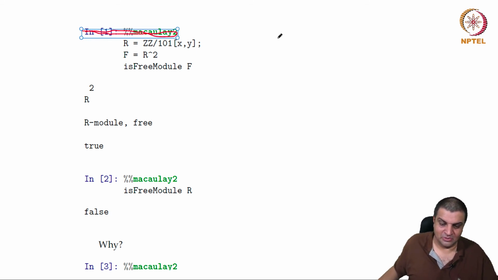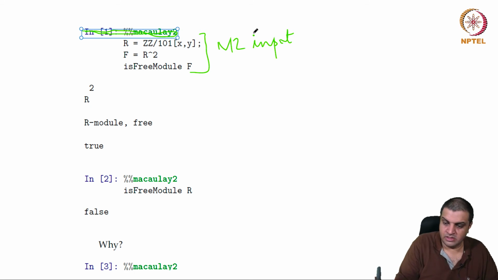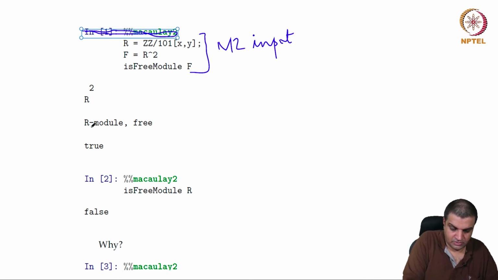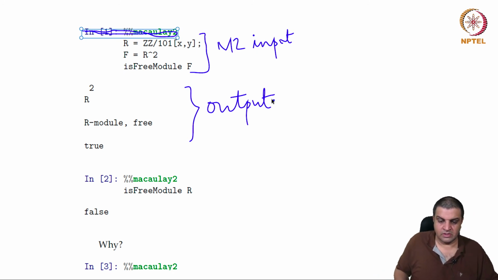The part offset from the left is the Macaulay2 input, and what is in typewriter font is the output. Similarly, this is the input. That's just some comment line at the top. Ignore that. So let's see, what are we doing?